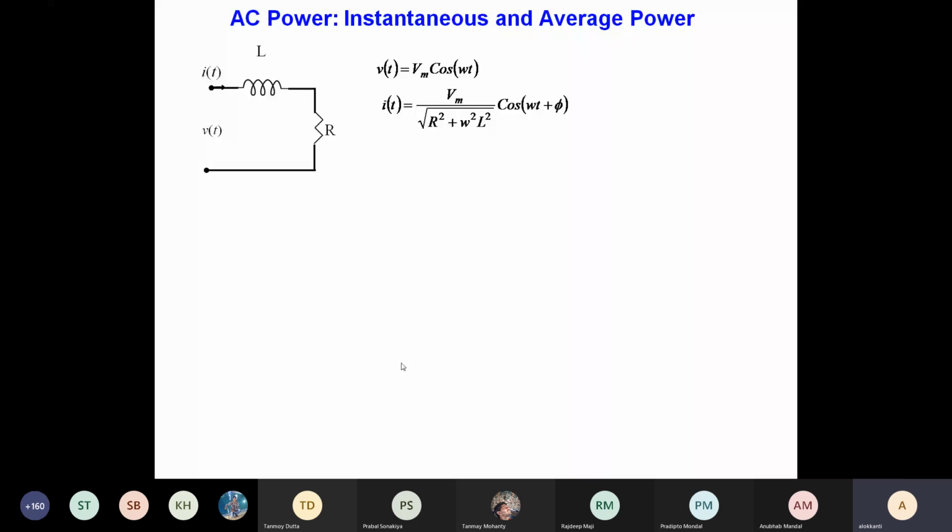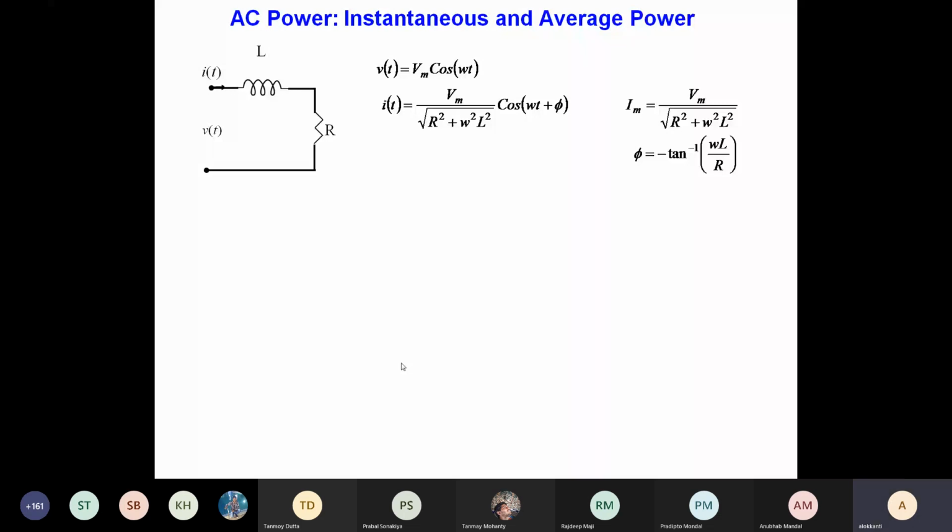Because it is an RL circuit, the current and voltage will never be together; there will be a phase angle between them. Im is given by Vm, the magnitude of the voltage, divided by the square root of R square plus omega square L square, and the angle phi is given by minus tan inverse of omega L by R.